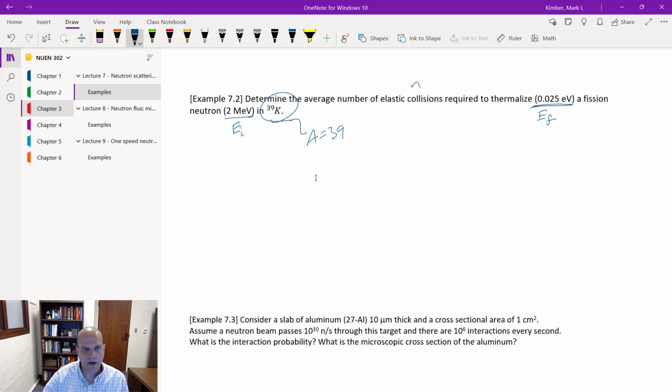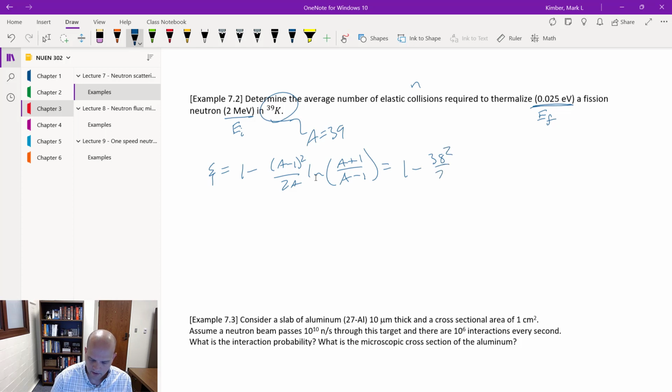So we can easily calculate the average lethargy change for A equals 39. This Xi is going to be 1 minus (A minus 1) squared over 2A times the natural log of (A plus 1) over (A minus 1). It's going to be 1 minus 38 squared over 78 times the natural log of 40 divided by 38. When we do this calculation, we'll find a value of 0.05.